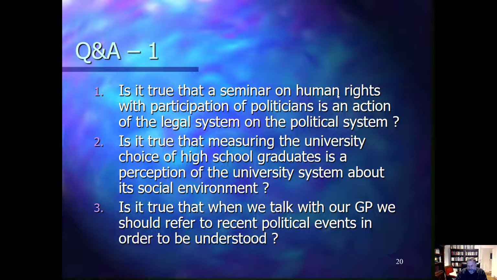The university system aims to provide a range of topics and subjects that the high school graduates would like to take on for the purpose of study. So measuring the university choice of high school graduates is really measuring the distribution of possible choices on subjects by these high school graduates.